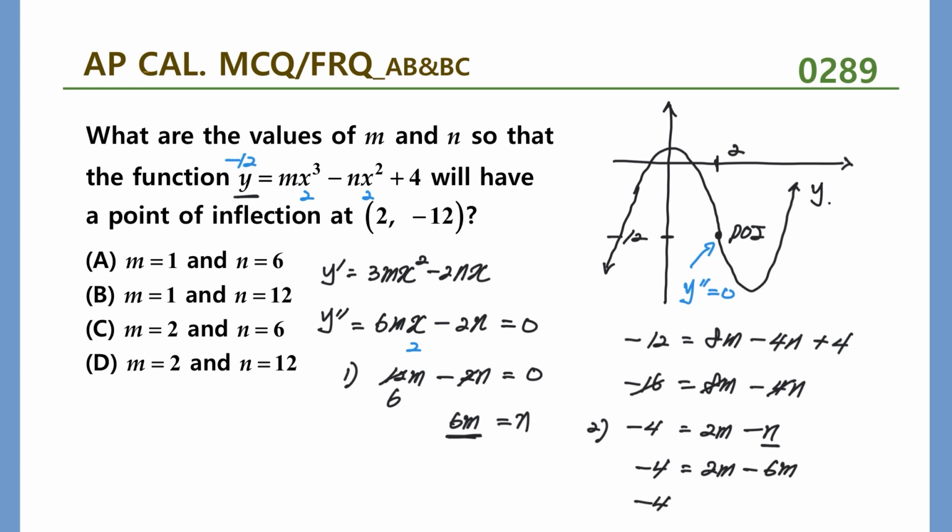So negative 4 is equal to negative 4m. Then m is equal to 1, right? So if m is equal to 1, what's n? n must be equal to 6, right? So m is equal to 1, n is equal to 6. So the answer must be A, right?